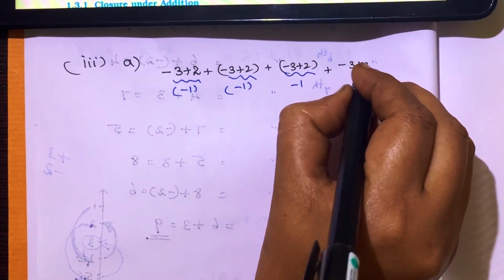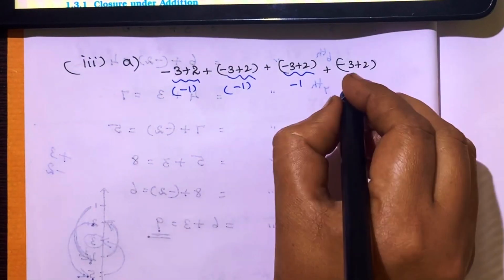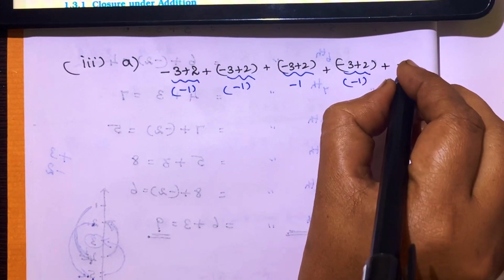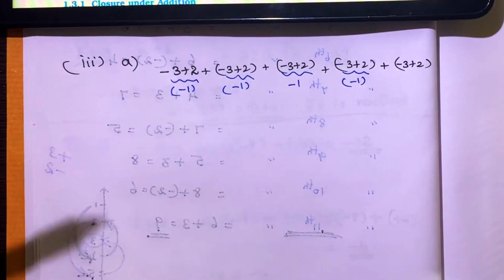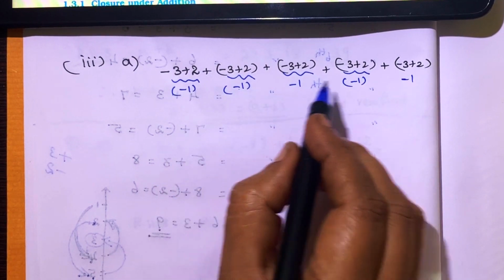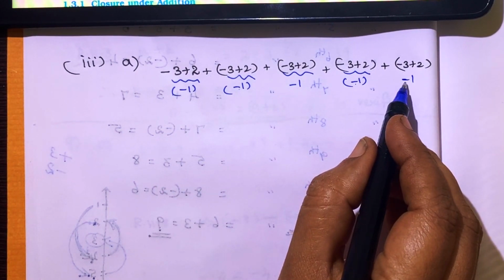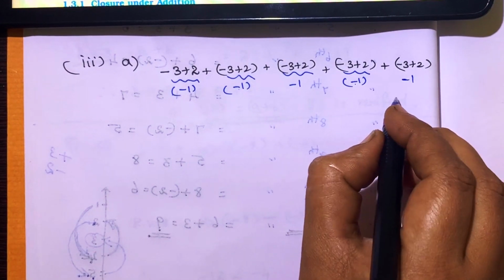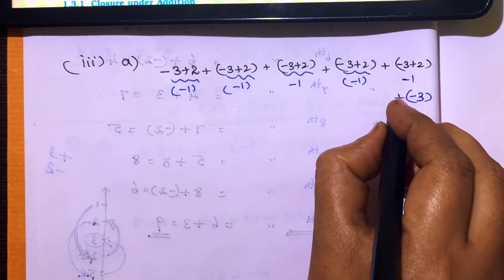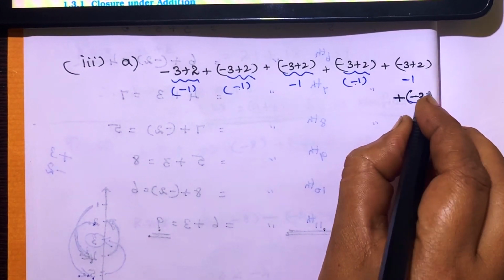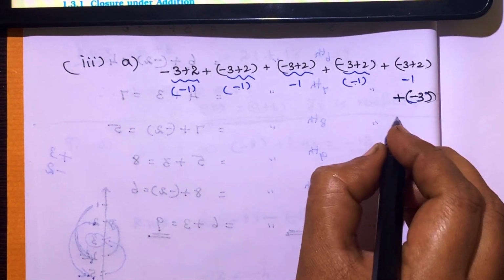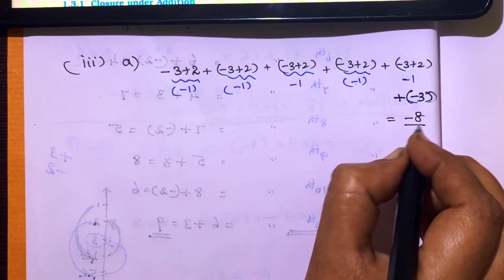Minus 3 plus 2, so minus 1. So minus 1 plus minus 1 plus minus 1 plus minus 1 plus minus 1 is minus 5. Plus minus 3, so minus 5 plus minus 3 is equal to minus 8.